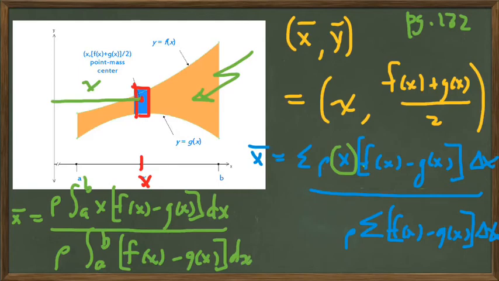Well, of course, we should get something similar for the y bar. The difference, though, is that the center of mass for the x with respect to the x coordinate was x, but the center of mass with respect to the y coordinate is this. So the setup for y bar looks a little different, and we'll do that on the next blackboard. So the y bar as a summation is going to be what?